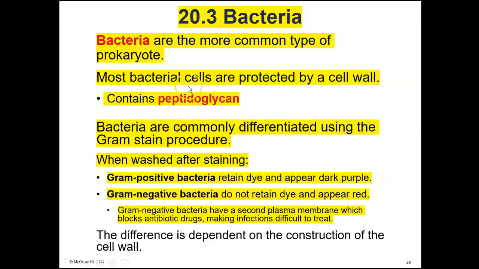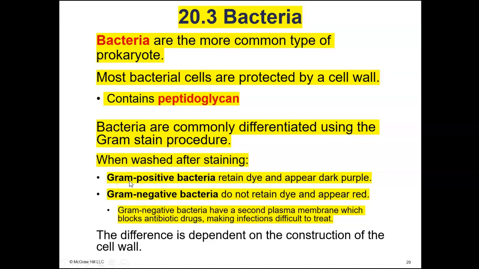The peptidoglycan is the chemical that absorbs the stain when we stain bacteria in the Gram stain procedure. There are a lot of ways to stain bacteria so you can see them under a microscope, but the most common type of staining that we use is the Gram stain.